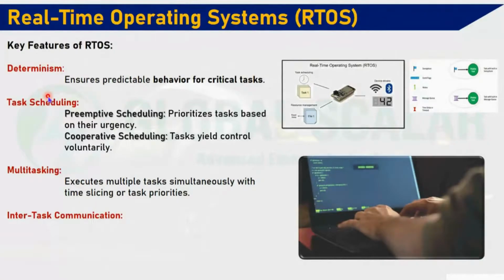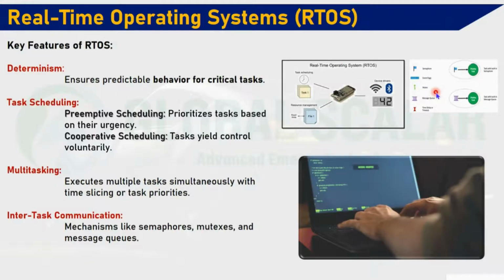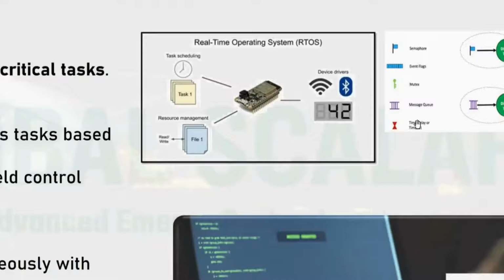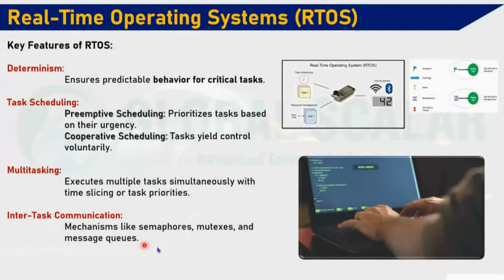And inter-task communication. For inter-task communication, we have semaphore, mutex, and message queue. So these are the parts of inter-task communication. Usually the data which you are able to send will be sent one after another, and one data will be scheduled while the other waits.